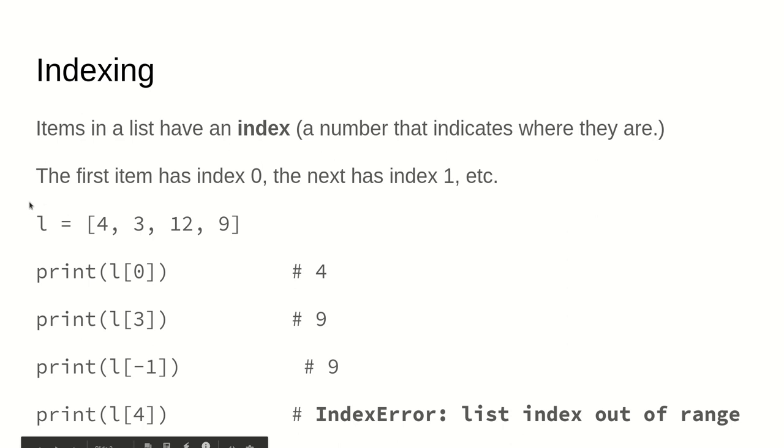The same would be true if I used negative values that were too far negative. Now, if I added another item onto this list, like the number 5, after the number 9, then index 4 would be valid, and I would get back that 5 as my result. So again, remember that when we add or remove from a list, the available indexes will change.